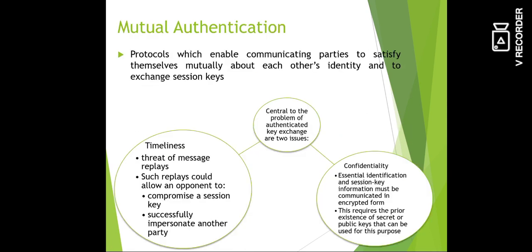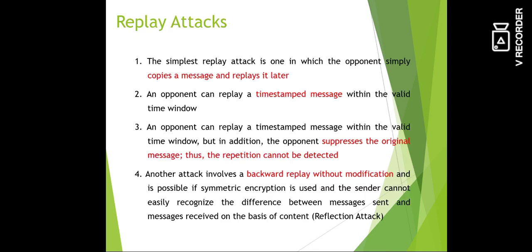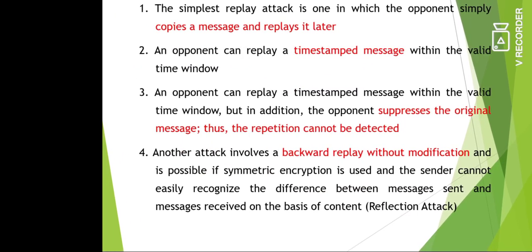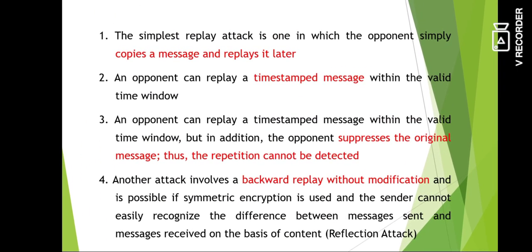Replay attacks may be divided into four types. The first one is the simplest replay attack, where the opponent simply copies the message and replays it at a later time. The second one is the time-stamped message, where the opponent can replay a time-stamped message within the valid time window.